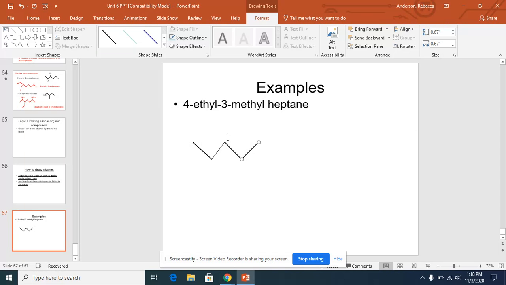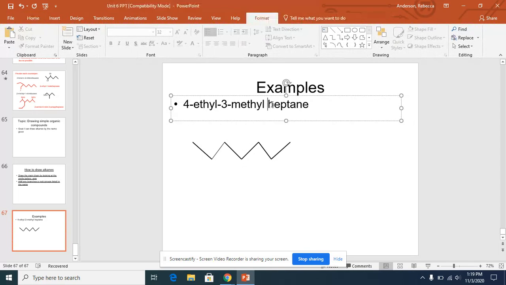So 1, 2, 3, 4, 5, 6, 7. So 1, 2, 3, 4, 5, 6, 7. So that is our heptane.